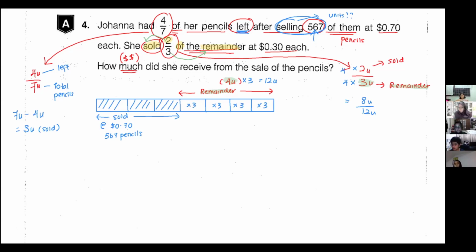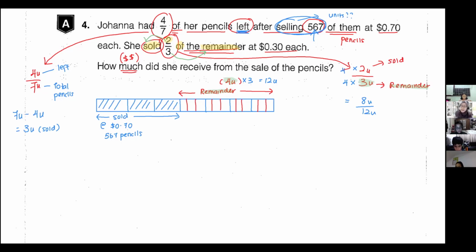Okay, so what are we going to do with that? I'm not going to just put times 3 like that. I have to do something. I am going to cut it up. Okay, I'm going to use a different color to cut up. So each of the parts, I'm going to cut it up into 3 equal parts. Okay, so 1, 2, 3, 1, 2, 3, 1, 2, 3, 1, 2, 3.